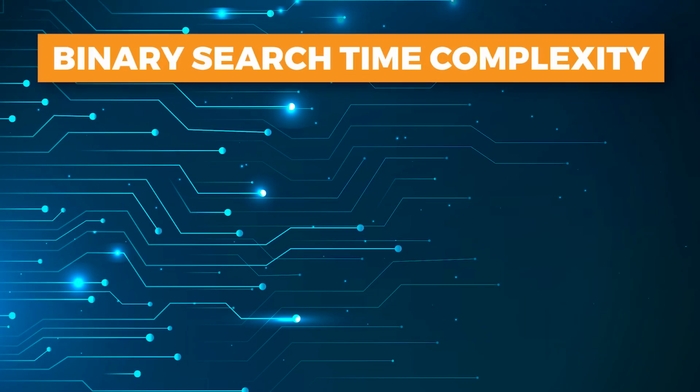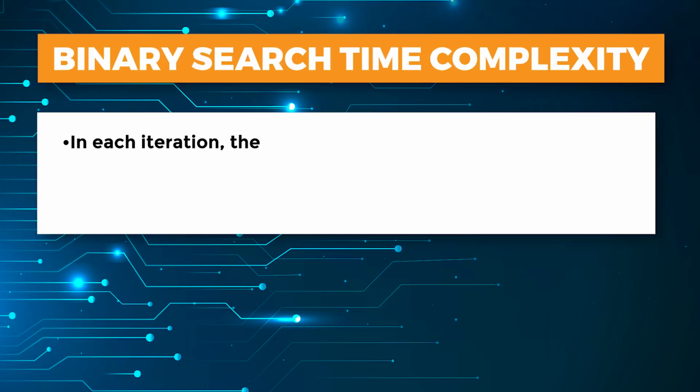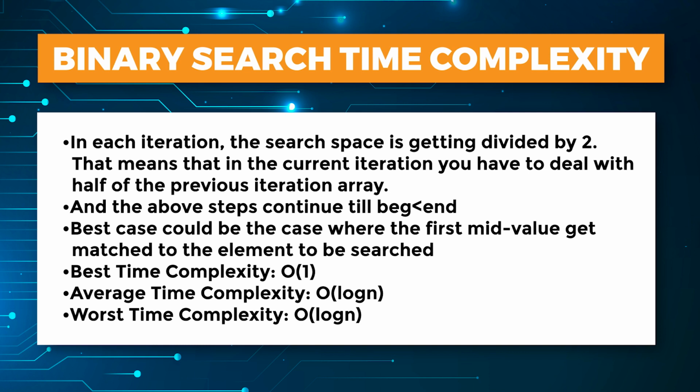Now, binary search time complexity. In each iteration, the search space is divided by 2. That means in the current iteration you deal with half of the previous iteration's array, and the above steps continue till beginning is less than end. The best case is where the first mid value matches the element to be searched.